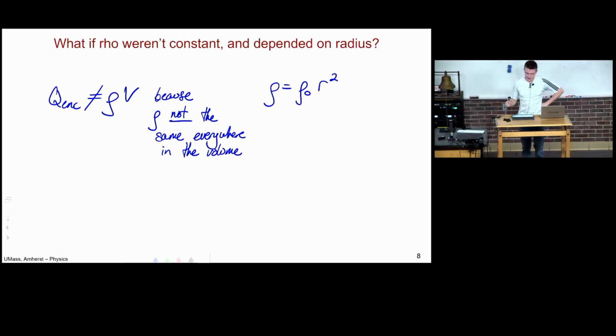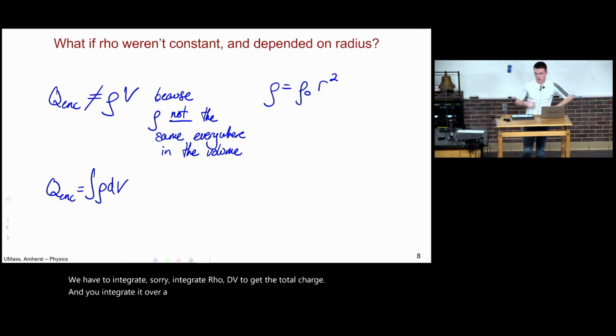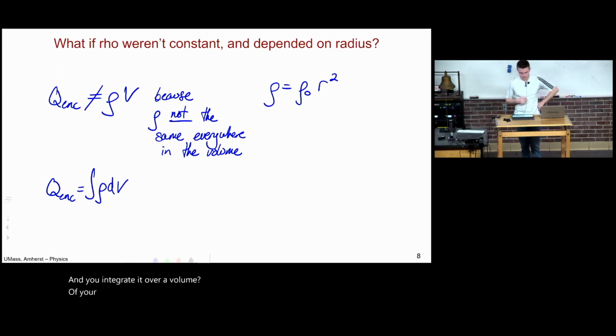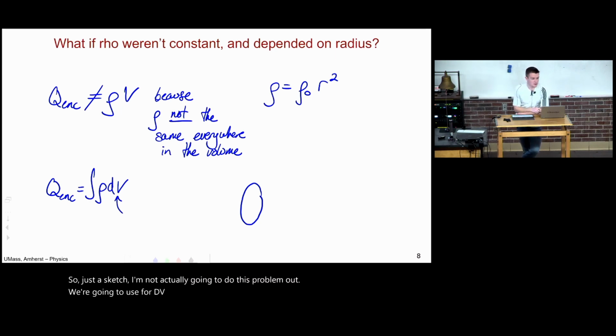Okay, instead, we have to integrate rho dV to get the total charge. And you integrate it over a volume of your Gaussian surface. So just a sketch, I'm not actually going to do this problem out because it's a little bit tougher.